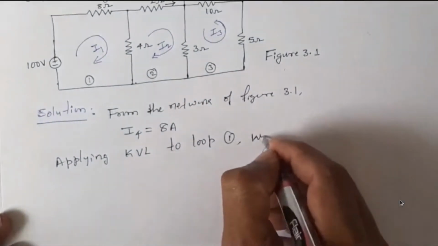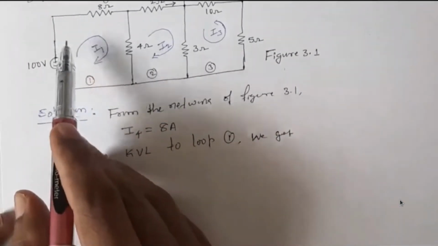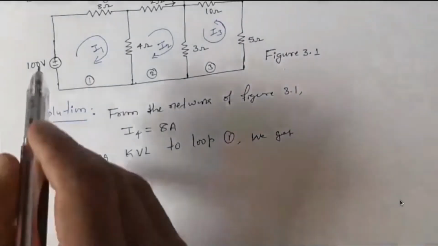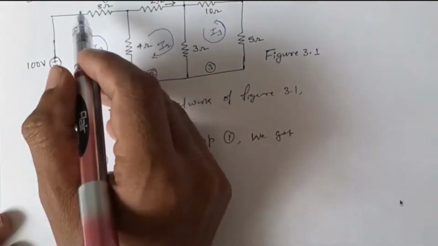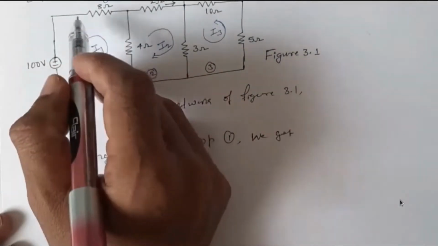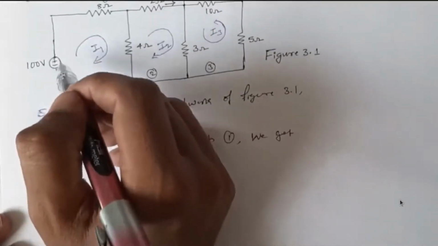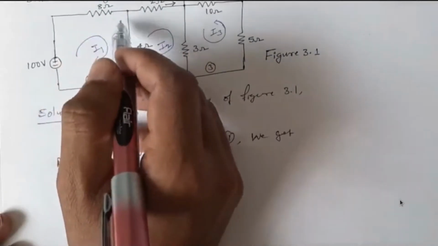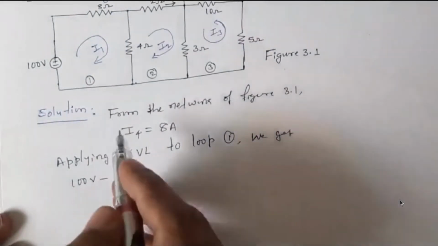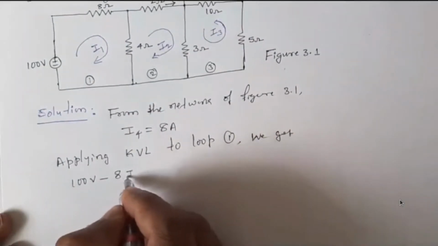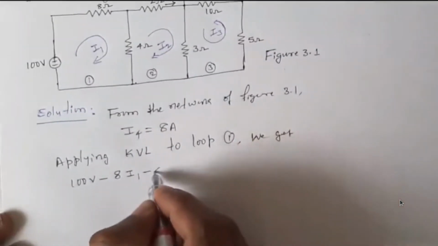Look at this, students: minus to plus, if I take plus, then plus to minus I take minus. Minus to plus is 100 volts. Current always flows from high potential to low potential, so going from low potential to high potential I take positive, and from high potential to low potential I take negative. Minus of this voltage, which is 8 I1. Here once again plus to minus, it is minus 4 I1.